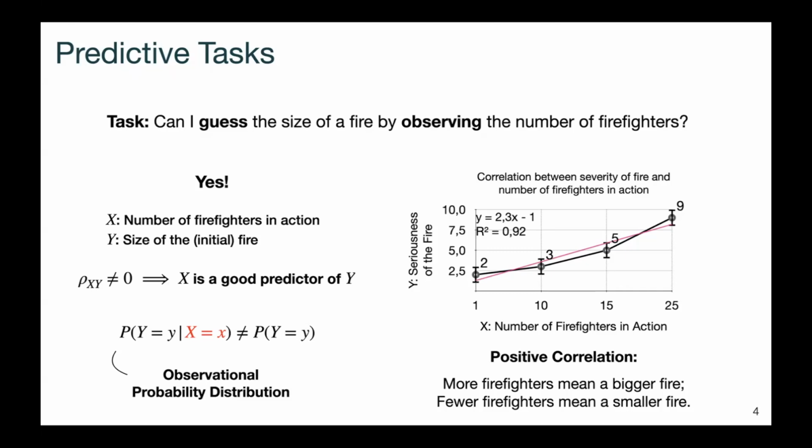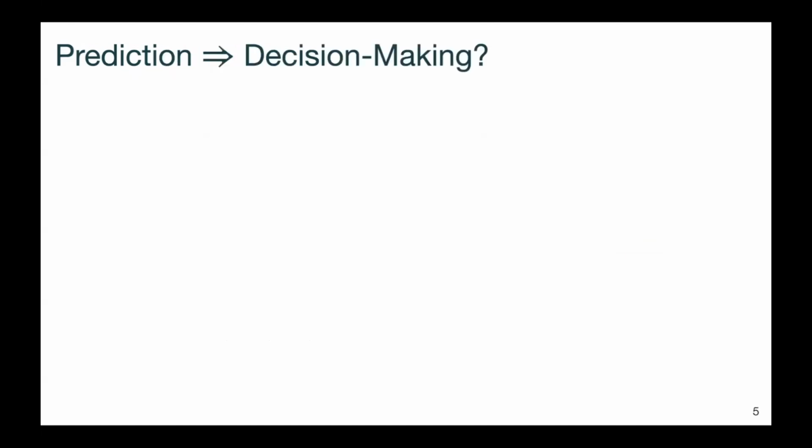The problem here is that people start jumping to causation. Once you see this, maybe you start having ideas about decisions that you can make.